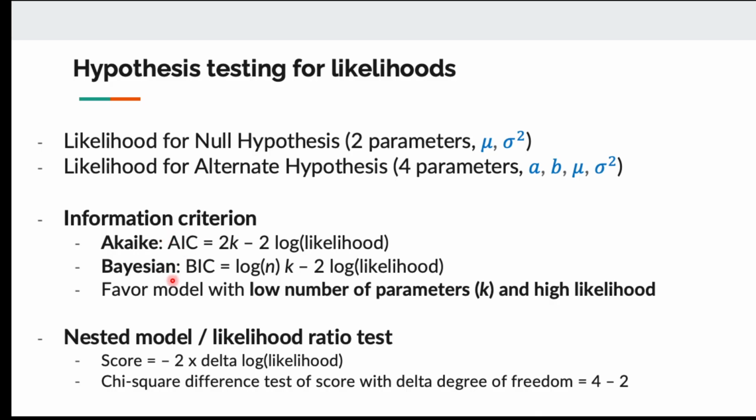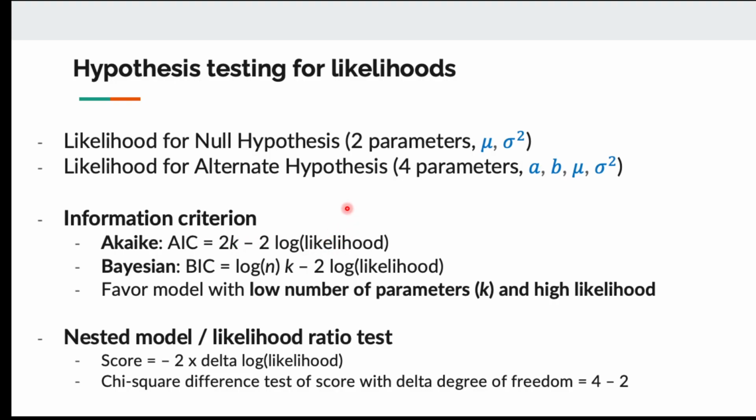This score is going to be high if you have a complex model, where your K is high, and you have bad likelihood. So a high information criterion means you have a bad model. You have more parameters, but you have bad likelihood. But if the score is low, this means you either have a low number of parameters, or your model is simple, or you have a high likelihood, because it's negative.